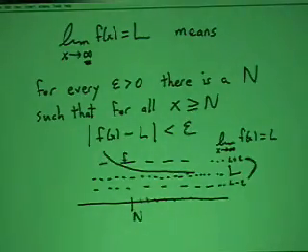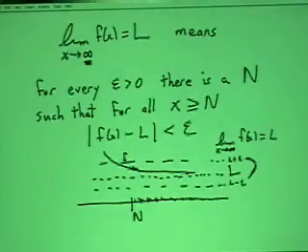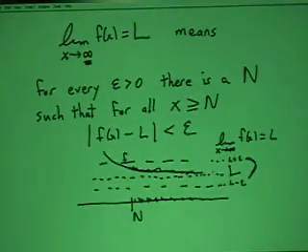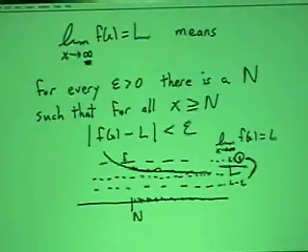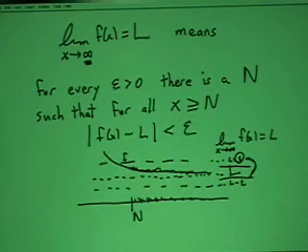There's a capital N such that for any x beyond capital N, the function stays within the tolerance strip forever and ever. Now, of course, the boss is allowed to tighten up the epsilon, make this strip smaller. Fine, in that case, we just move our N to the right, and the function would have to behave itself.